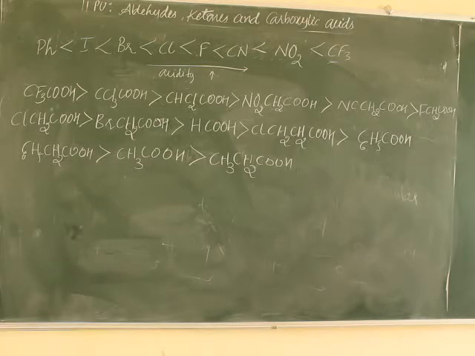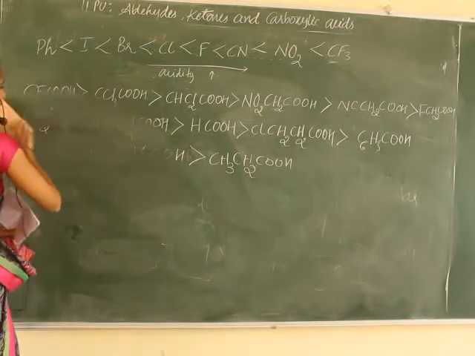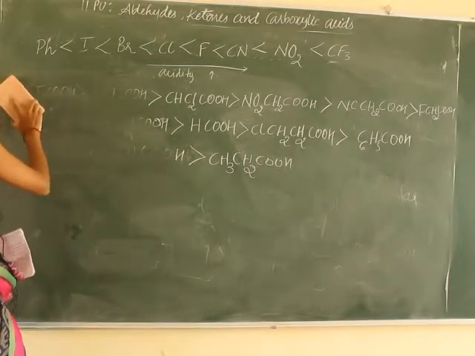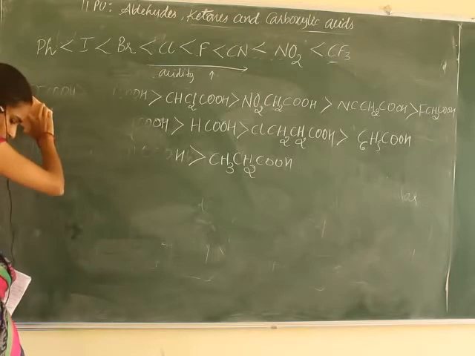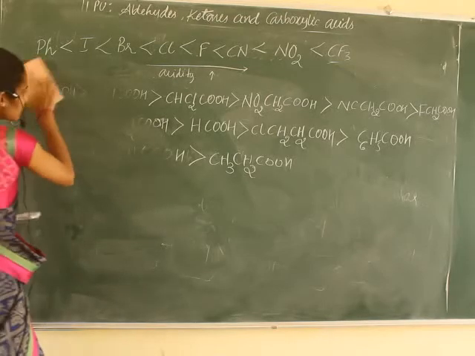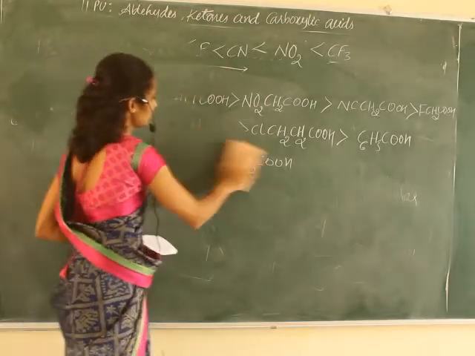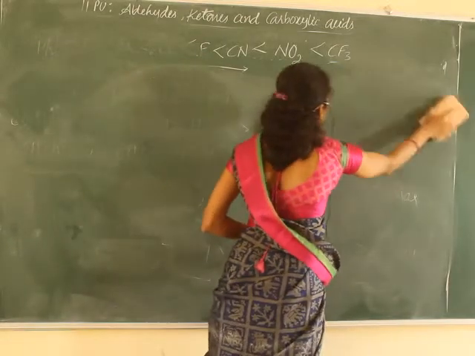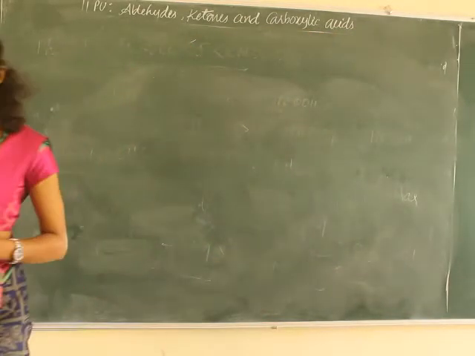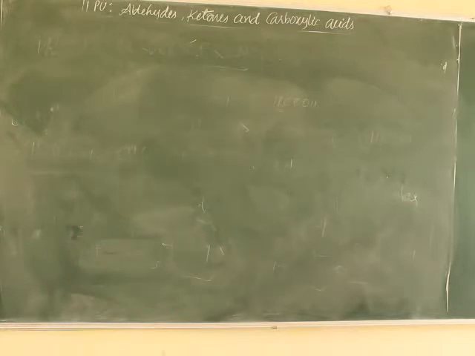What we expected is that the acidity must decrease, because of the presence of the phenyl ring and vinyl group. But the vinyl group and phenyl ring increase the acidity. Just remember, due to the resonance effect.